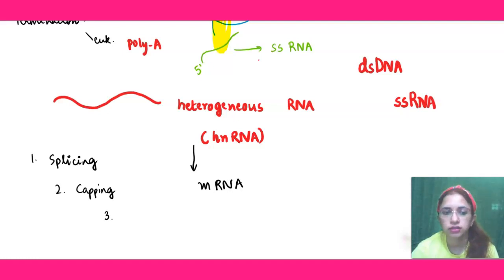And third step is tailing. So once these three steps are done, that means the heterogeneous RNA is now converted into mRNA. It is ready to go into the cytoplasm because it will not be attacked by the cytoplasmic enzymes, and it can further help in the translation process. So let's see what splicing is.